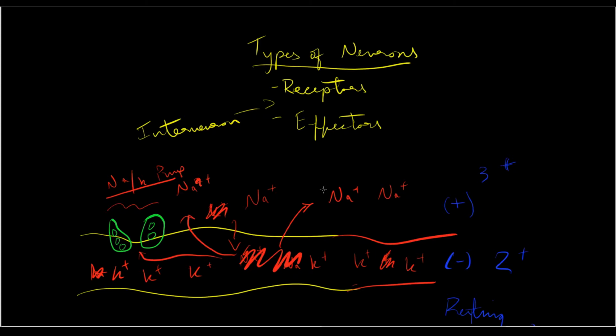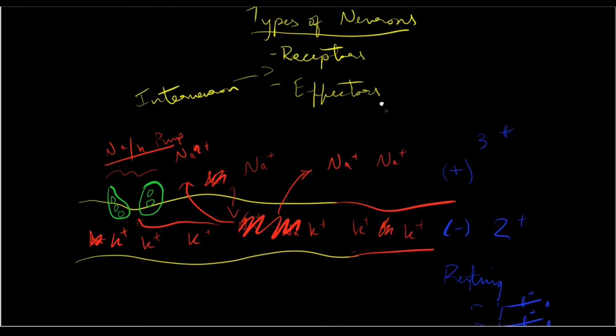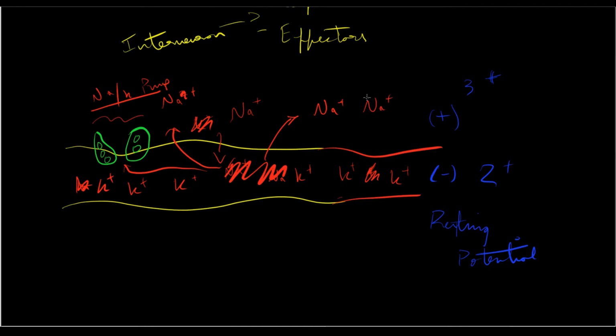Now let's talk about the sodium-potassium pump. The sodium-potassium pump is actually pretty important when it comes to neurons. This membrane that I drew here, this wavy line, the inside would be the axon.